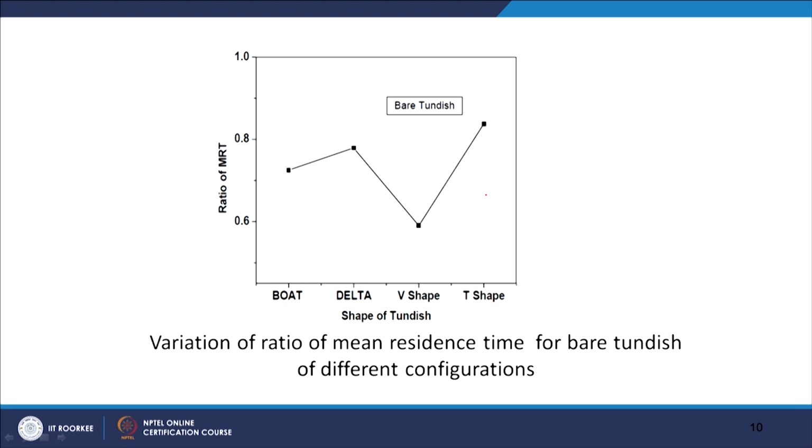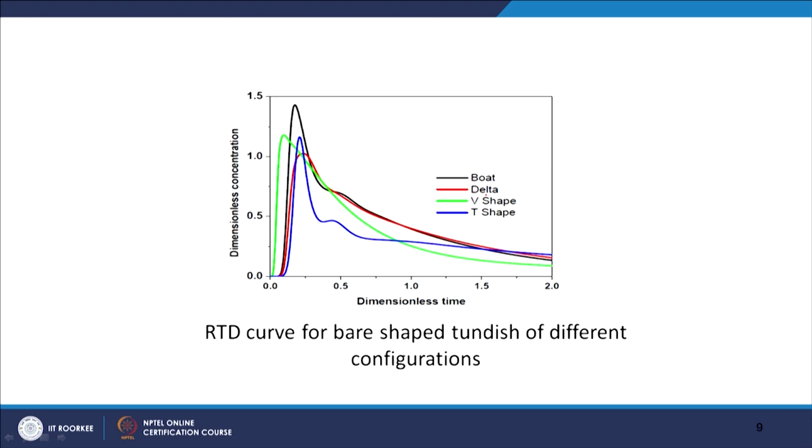If you look at it, you will have the minimum for the V shape. It is clear that the V shape has the minimum stay in the Tundish. So short circuiting is maximum in this case; the tracer has come and directly gone.